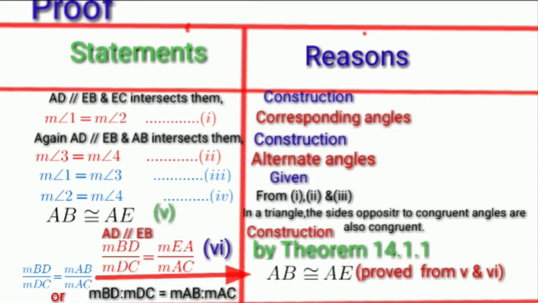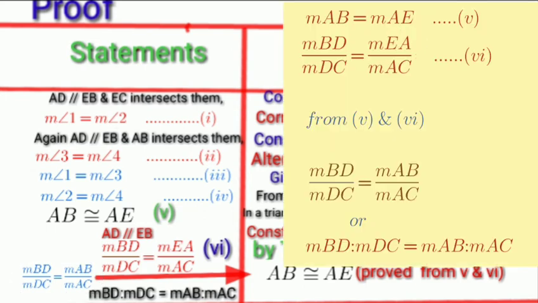Here we discuss its proof. Measure BD ratio measure DC is equal to measure AB ratio measure AC. From equation 5, measure AB is equal to measure AE, and equation 6, measure BD over measure DC is equal to measure EA over measure AC.